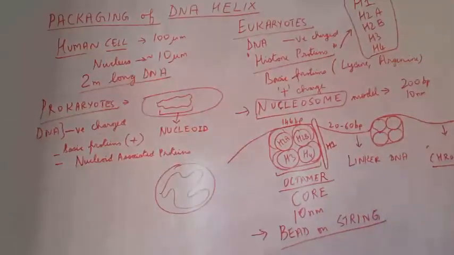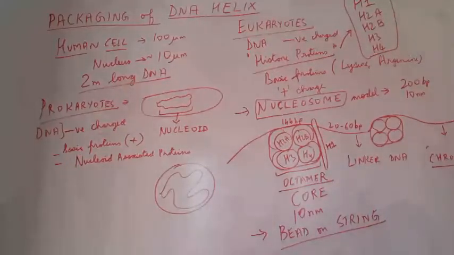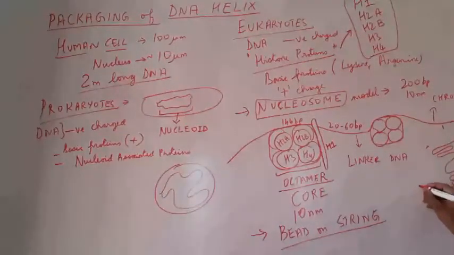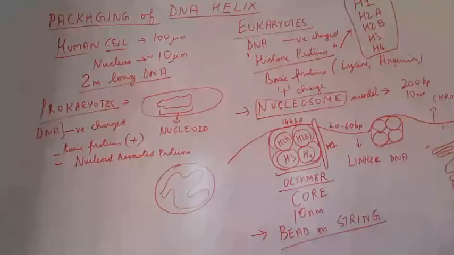Chromatin is nothing but the nucleosomes that are present at equal intervals. This chromatin thread will then undergo more coiling to give a structure called the chromatin fiber. This structure would be roughly 30 nanometer.